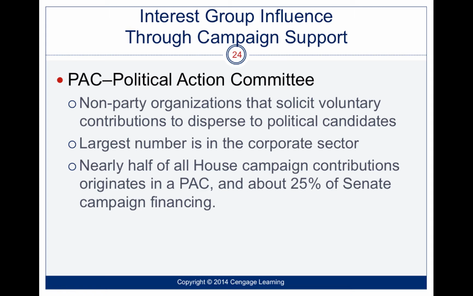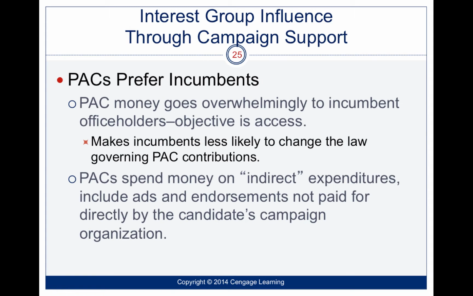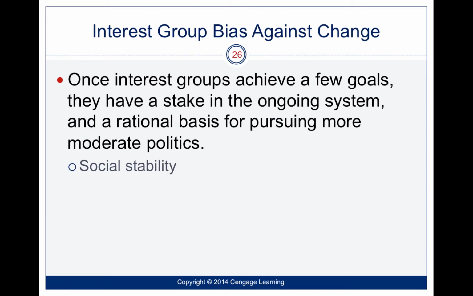One interesting thing about political action committees is that they are formed and they hire lobbyists to lobby members of Congress for their vote. PACs will generally prefer incumbents because incumbents will win about 90% of the time.